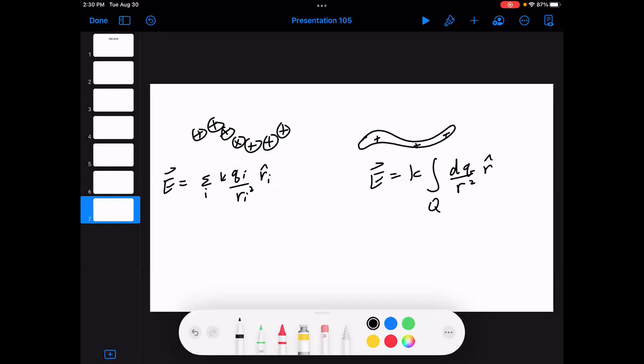Q. It says dq, right? So we have to be integrating with respect to q here. And this thing right here, that's our limit of integration. And that says just keep adding up dq's until you've reached the total charge q.